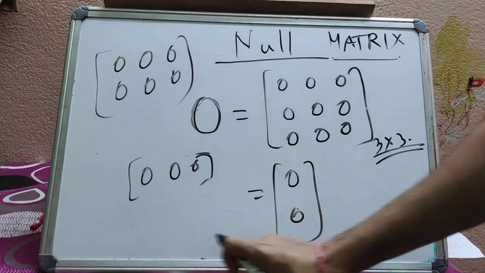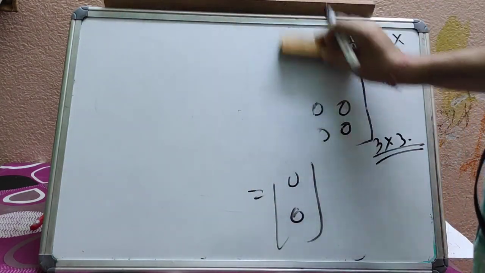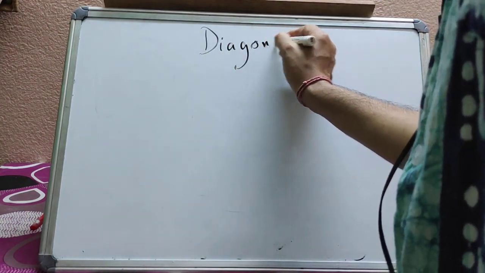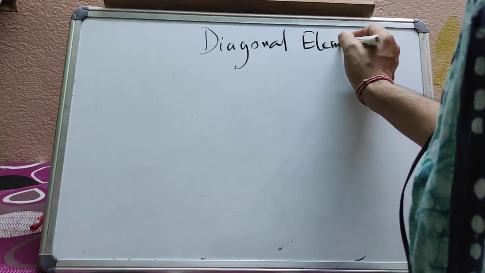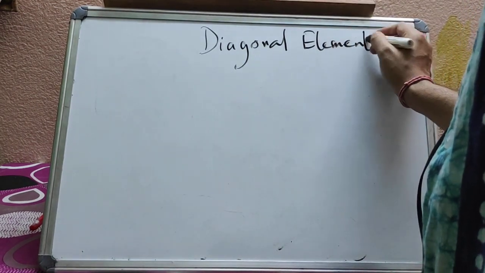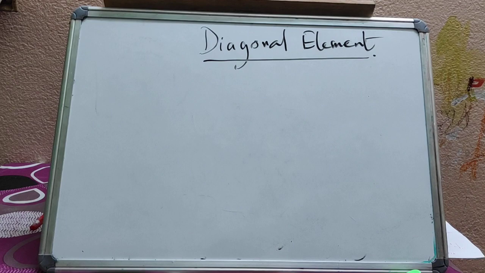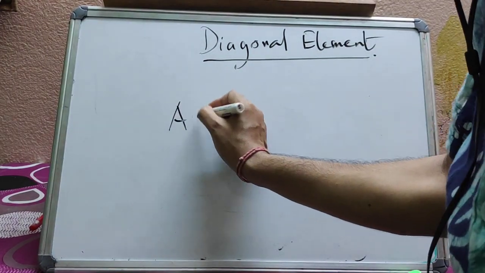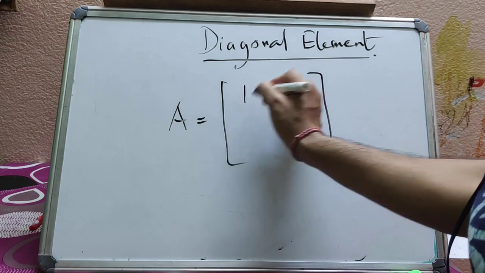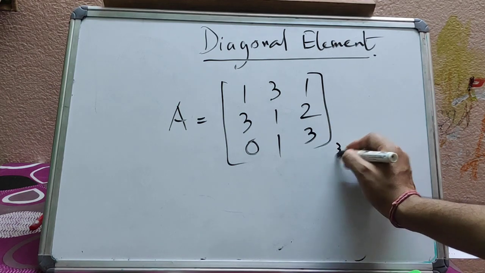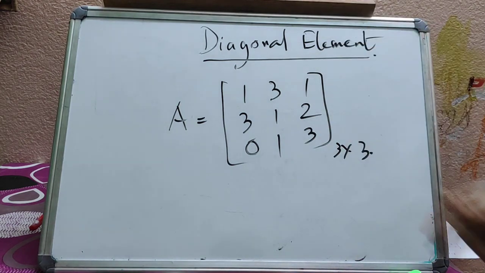Now we see the diagonal elements of a matrix. What are called the diagonal elements? Diagonal elements are defined if we have a square matrix first. Suppose this is a square matrix, a 3 cross 3 square matrix, 3 rows and 3 columns.